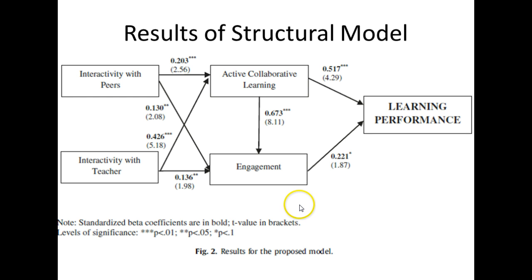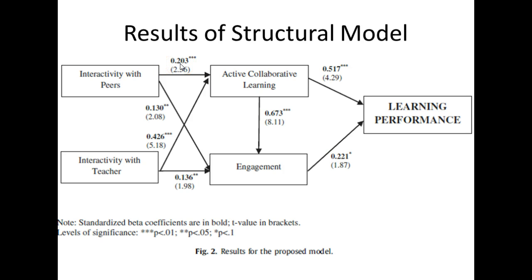And then the last thing that I want to explain a bit is just going back to the original model that the authors had. We see the 5 different constructs that they had identified. And then what we see is what are called beta coefficients in bold.